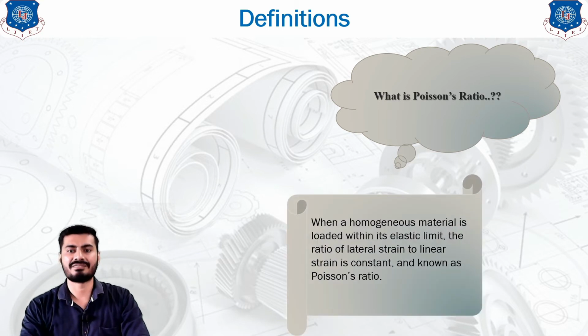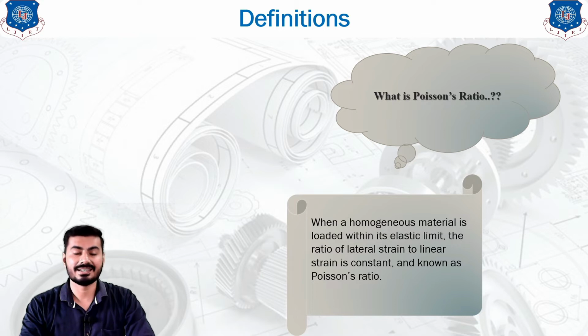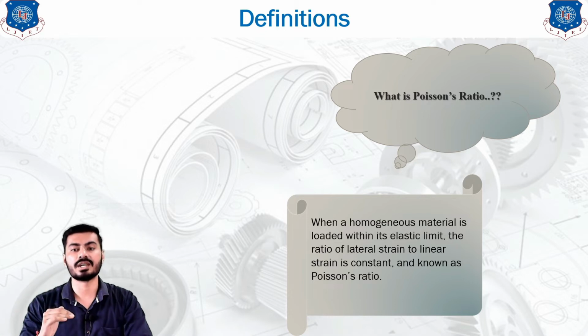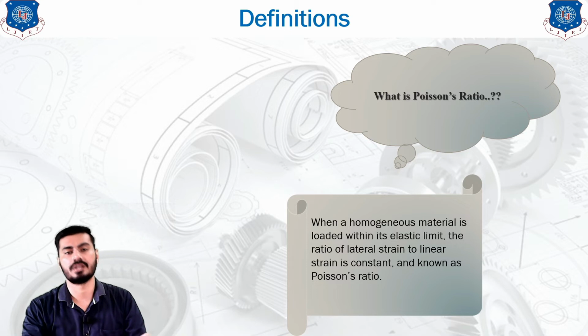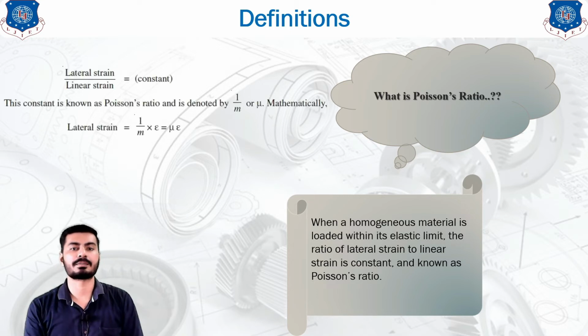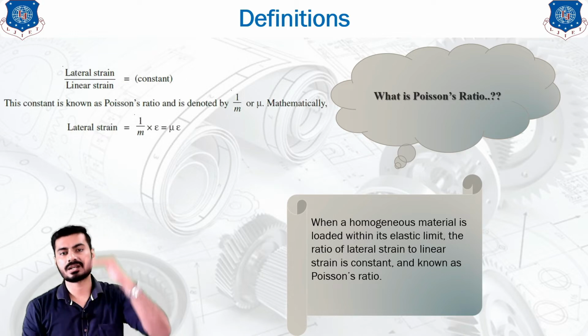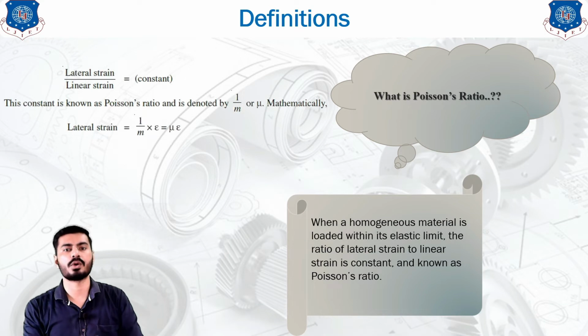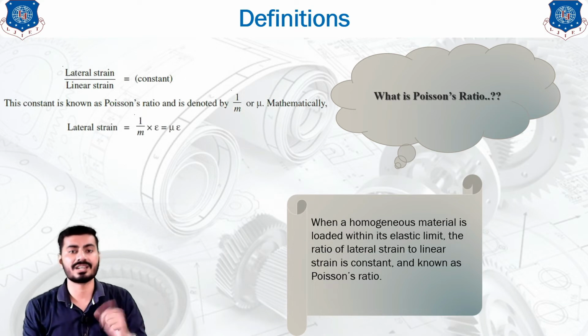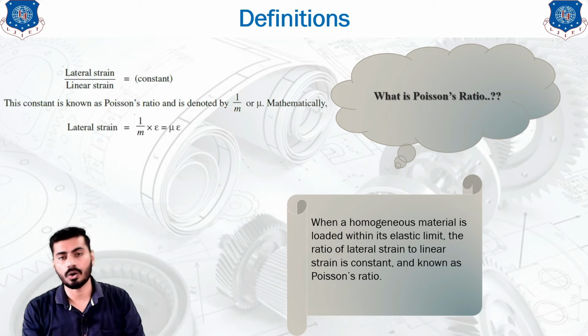So the definition says that when a homogeneous material is loaded within its elastic limit, the ratio of the lateral strain to the linear strain is constant, and that constant is known as the Poisson's ratio. The mathematical form of this definition is lateral strain upon linear strain equals a constant, and this constant is known as the Poisson's ratio, which is denoted by 1 upon m or mu.